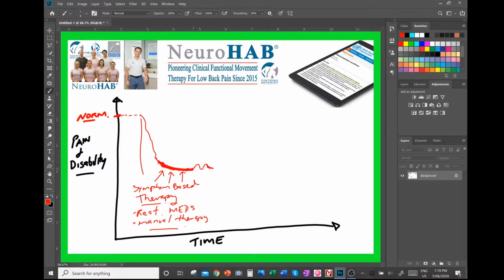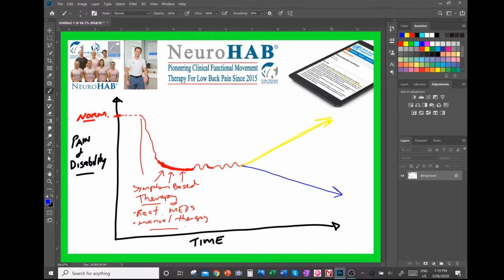But as a general rule, there's going to be a trend that develops, and the trend is either heading in this direction, or the trend is heading in this direction over time.